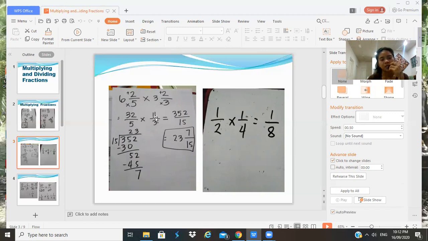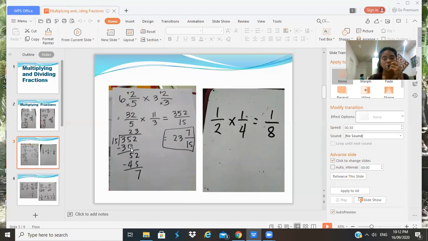32 times 11 is 352. Then 5 times 3 is 15. So 352 over 15 is an improper fraction, so we are going to divide. 352 divided by 15: first, 35 divided by 15 is 2. 2 times 15 is 30.